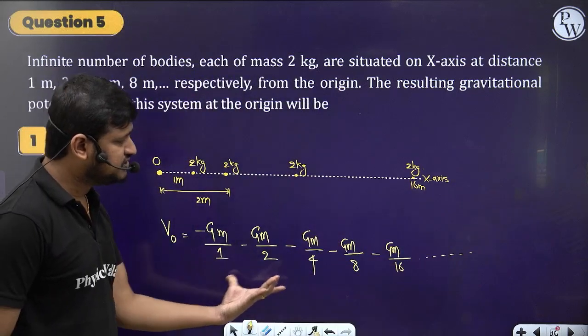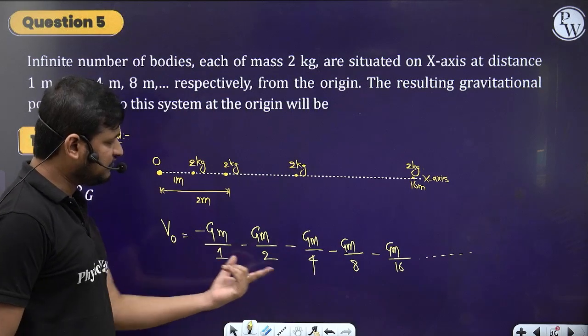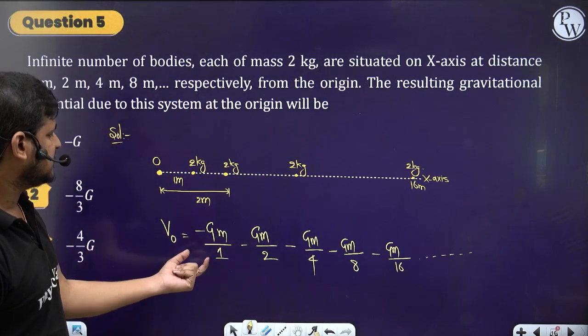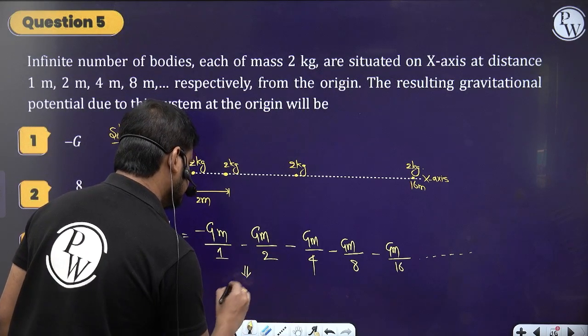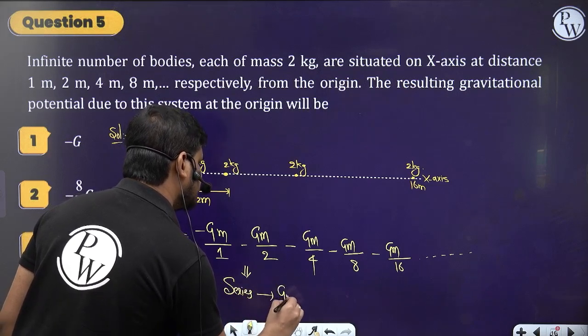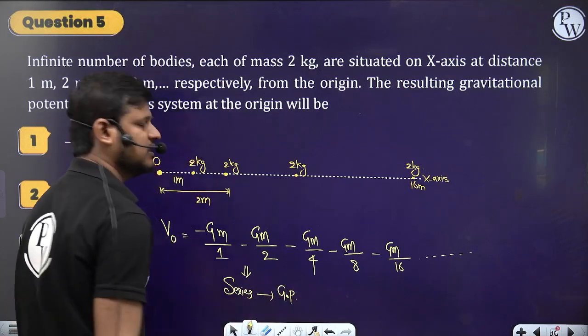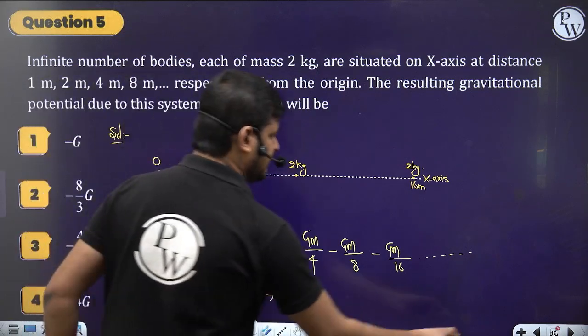If you observe, this sequence is in the form of a geometric progression. This series is in geometric progression, GP. So let me write this again here.